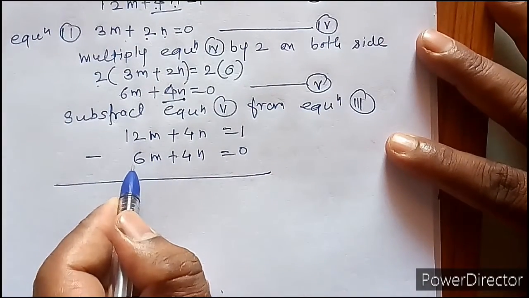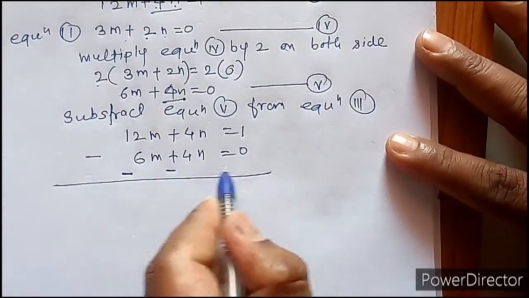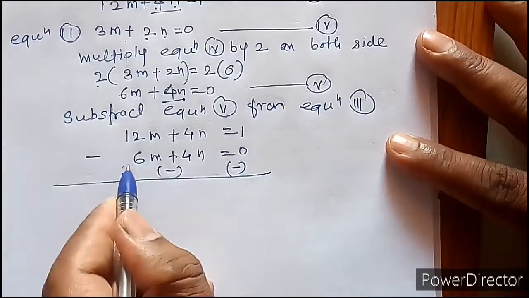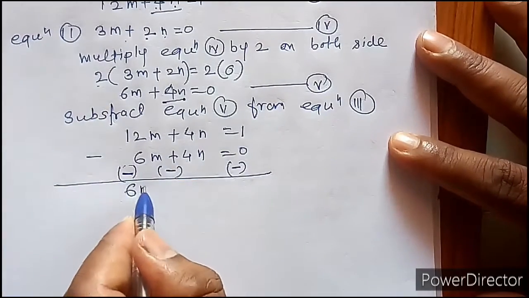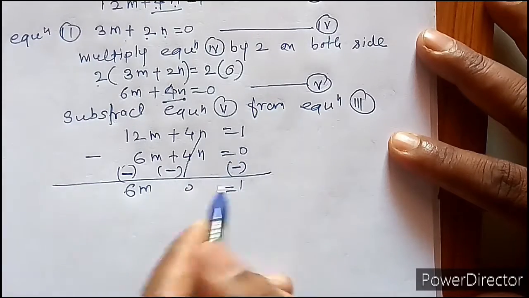This minus sign will change the sign of this 6m, and this will be also minus. Now 12m minus 6m, that is 6m, 4n minus 4n get cancelled, 1 minus 0, that is 1.